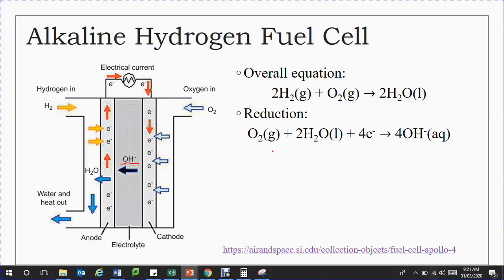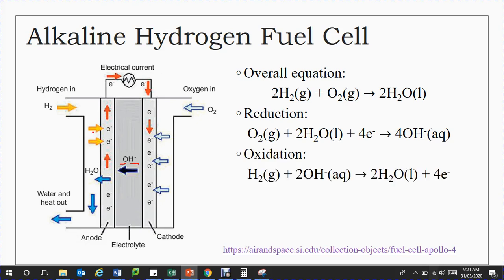So let's put these equations up first. We've got our hydrogen gas going in. It's being oxidized. It's losing those electrons, and those electrons are being forced to pass through the wire. Then over on our right-hand side, our oxygen will be reduced. It's gaining those electrons. But this time, because it's under alkaline conditions, we don't have hydrogen ions.